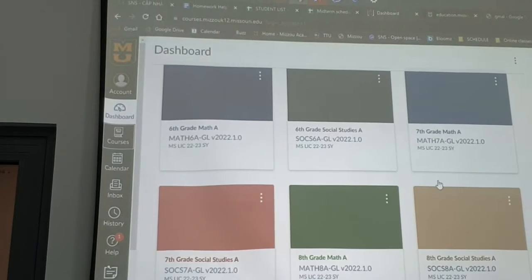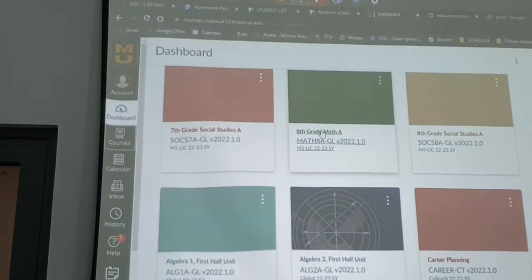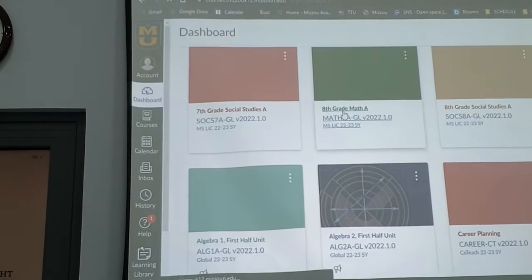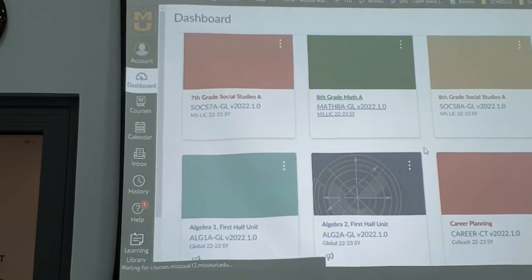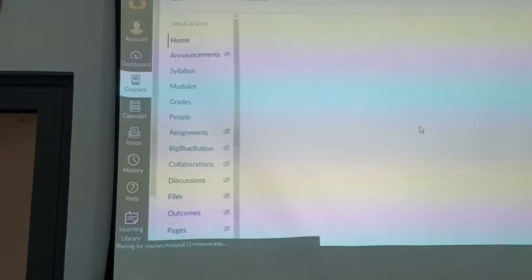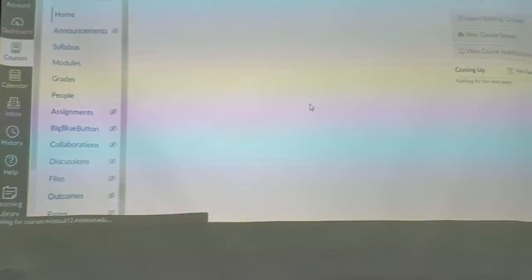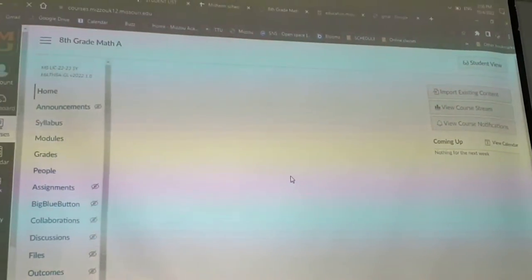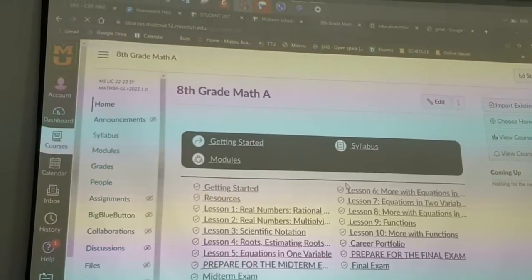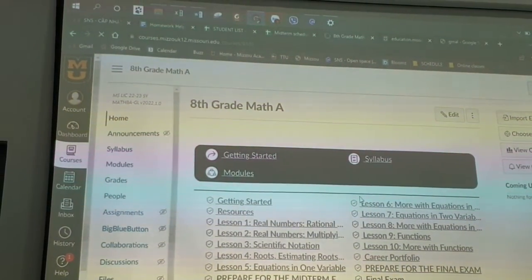Okay. There's math, 7th grade math. So this one is showing math is different for each year. Yes, from grade 6 to grade 8, they will learn four core subjects: ELA, math, social studies, and science.